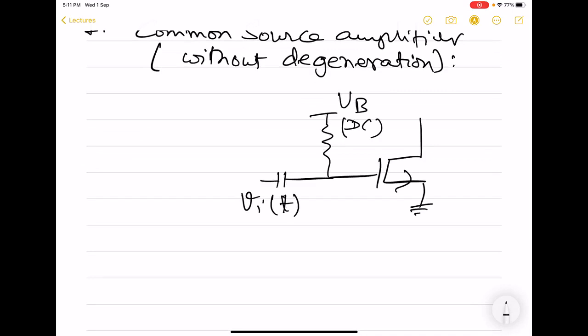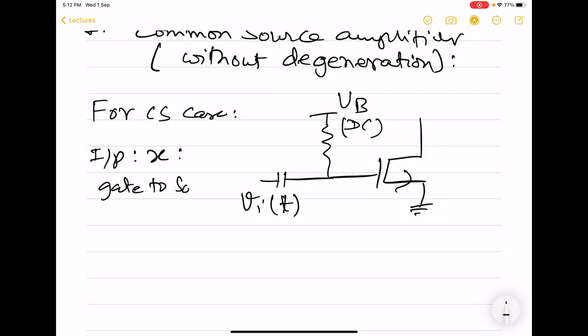And we know that for the common source case, the input quantity X is actually the gate to source voltage, that means VGS.